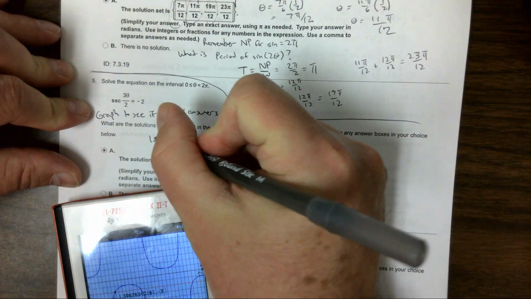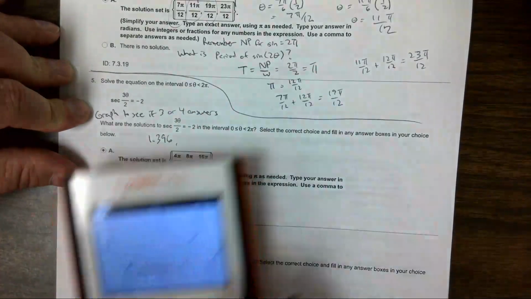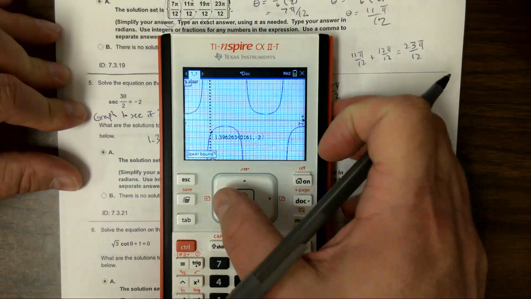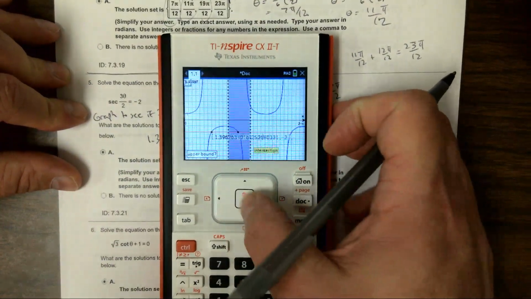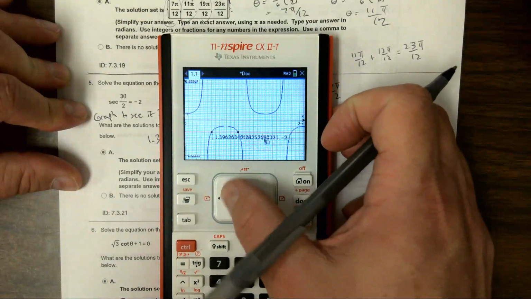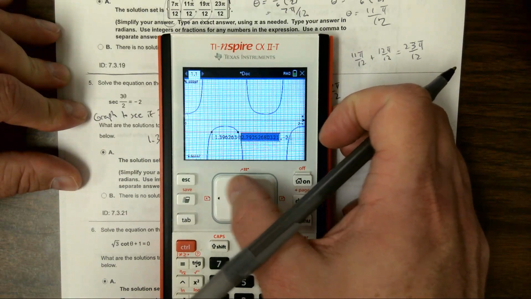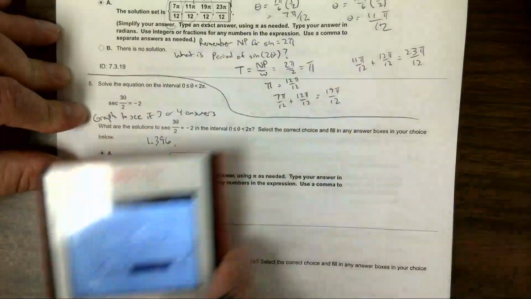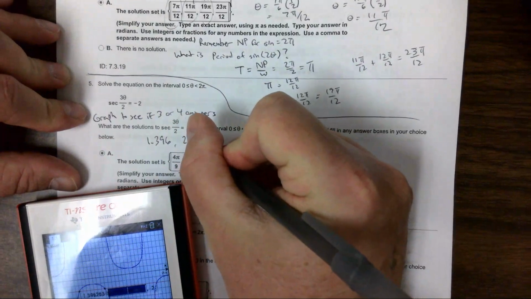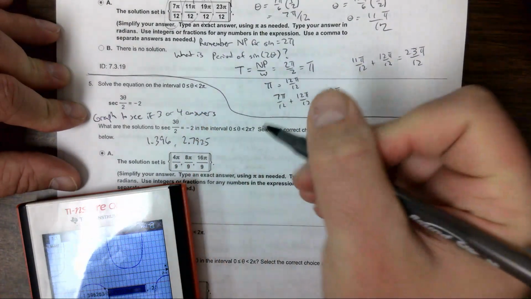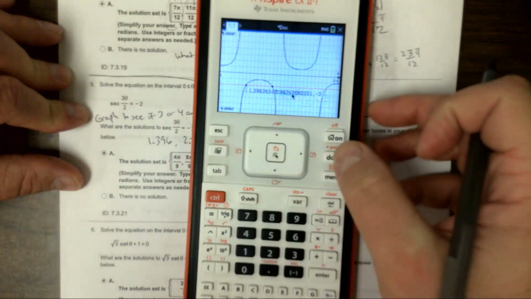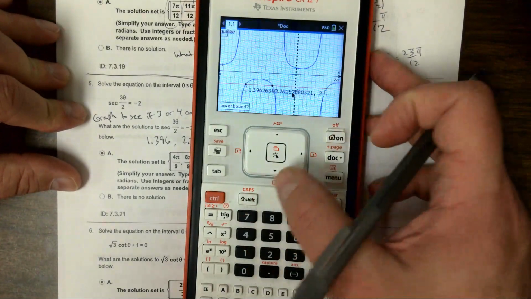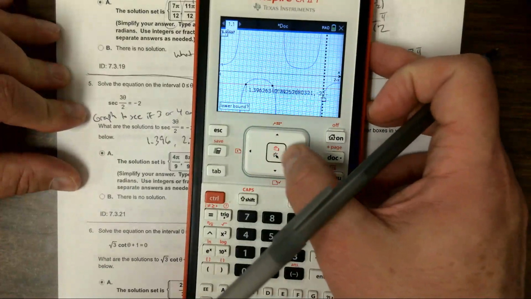1.396. 2.7925. I am just taking the x answers because the y answer would be negative 2.